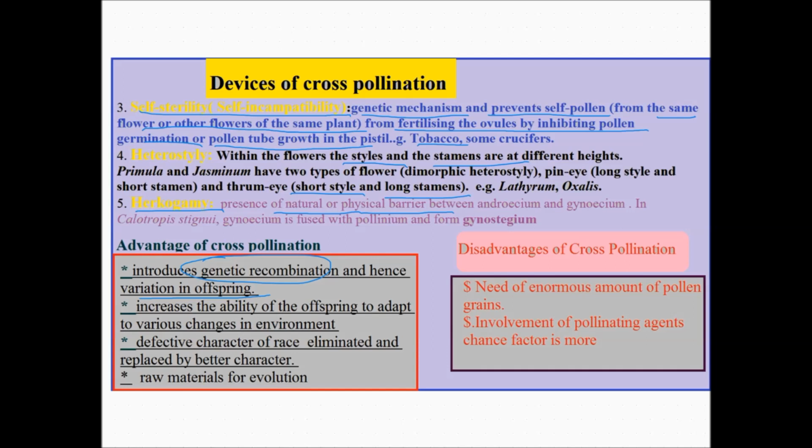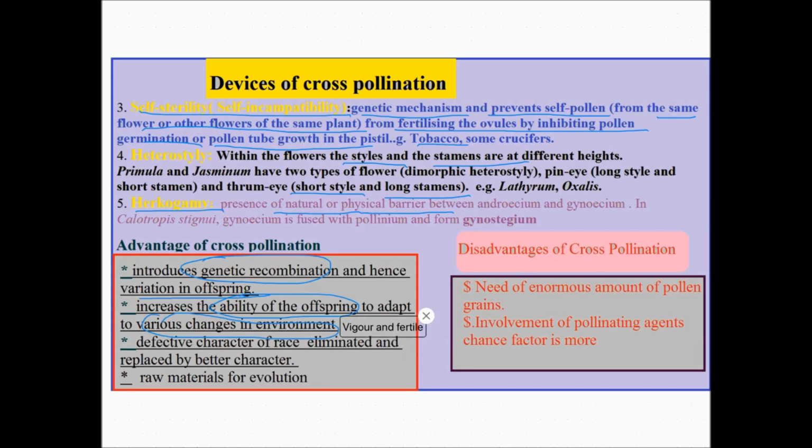If there are variations, it increases the ability of the offsprings to adapt to various changes in the environment. That means it develops vigor and makes the offsprings very much fertile.